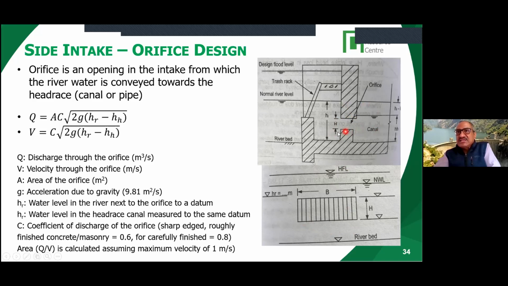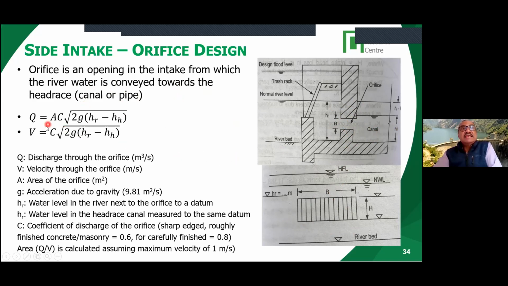H is the height of this orifice and B is the width of this orifice. So what should be B and H? The orifice is an opening in the intake from which the river water is conveyed towards the headrace canal, towards the canal here.